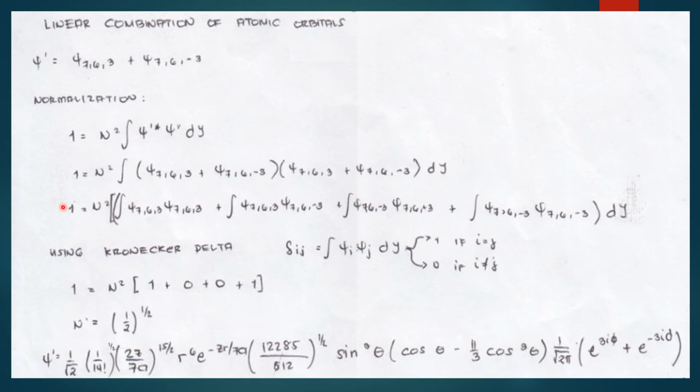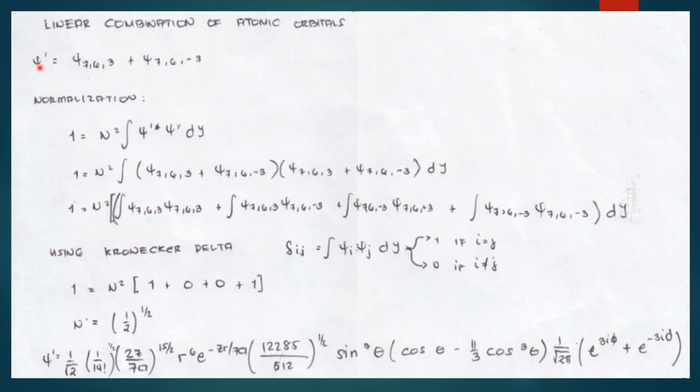Now, to have a real hydrogen-like atom wave function, we need to combine our wave functions using linear combination of atomic orbitals, or LCAO. This will be done by adding or subtracting both functions that we have computed from the previous slides. So, psi prime is equal to psi 7 6 3 plus psi 7 6 negative 3.